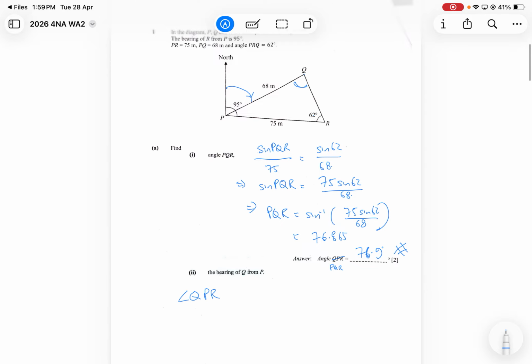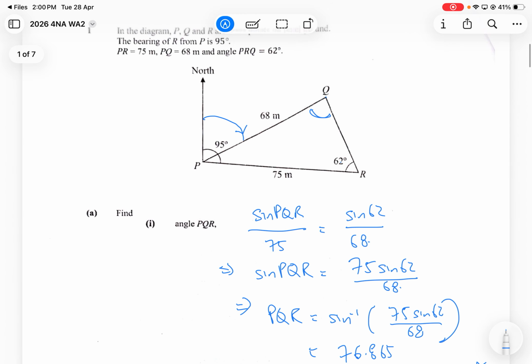Angle QPR equals to 180 minus 62 minus 76.865 equals to 41.13. Okay? So this angle is 41.13.